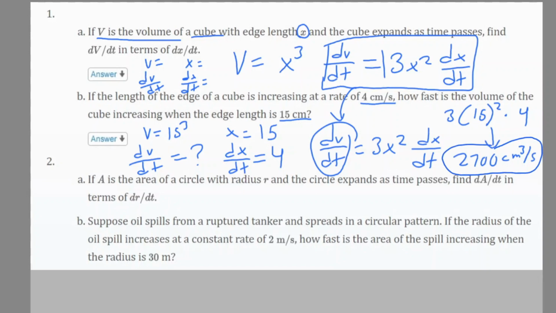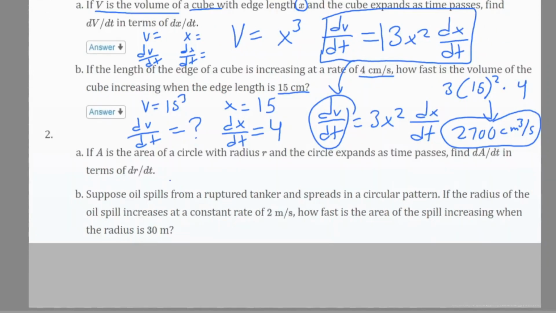That would be your dV/dt. That would be how fast the volume is increasing, given that the edge is increasing 4 centimeters per second at the edge length of 15. As long as you can set it up, that's the most important part. Then finding the variable that you need should be pretty easy.